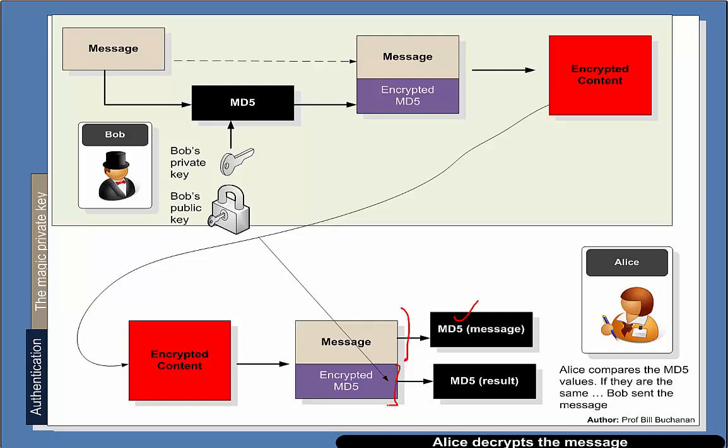The only key that could have encrypted that was his private key. So she unencrypts to find the MD5. She then compares, and the comparison will prove not only that the message is correct as it was sent, but also that it was Bob that sent the email. Okay, so that's how it all works to keep things secure and to prove identity, and also to prove the integrity of the messages. Magic.